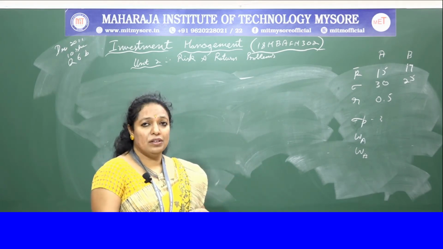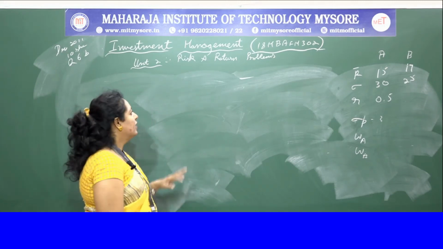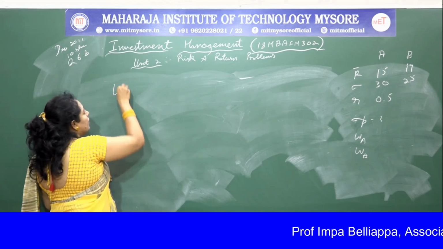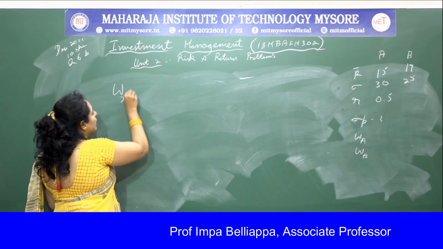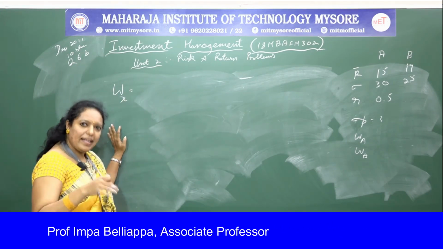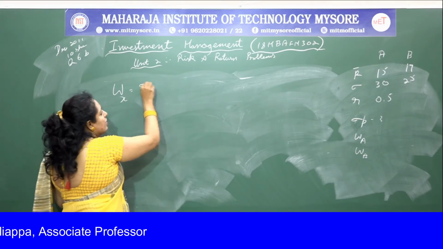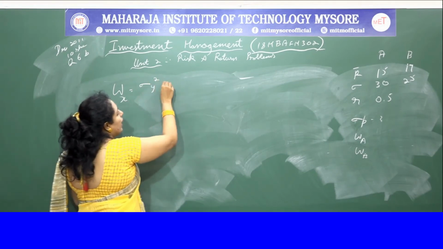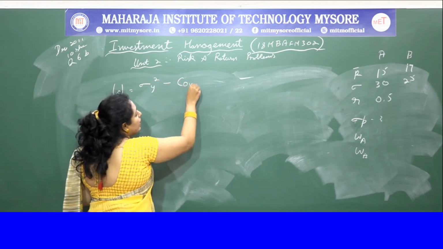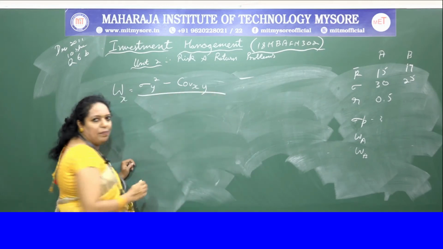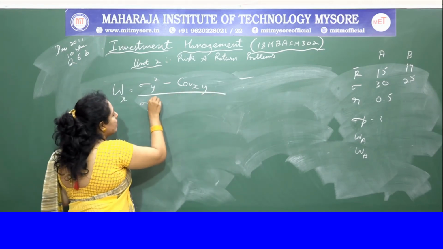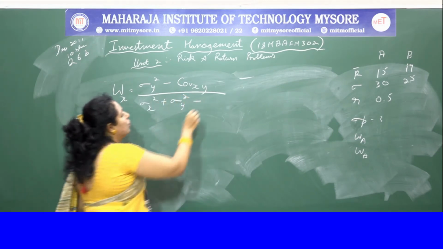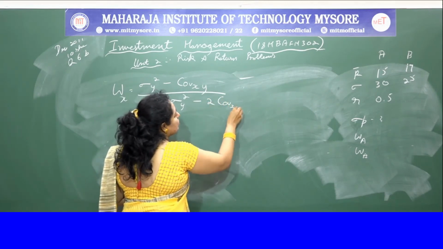So weights should be calculated using the formula. First we'll calculate the weight of X, then we'll go to Y. So weight X equals standard deviation Y square minus covariance XY, whole divided by standard deviation X square plus standard deviation Y square minus 2 covariance XY.